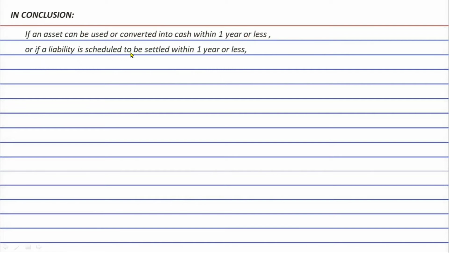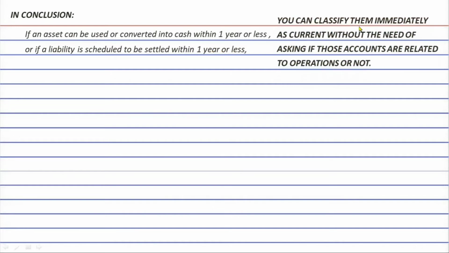In conclusion, if an asset can be used or converted into cash within 1 year or less, or if a liability is scheduled to be settled within 1 year or less, you can classify them immediately as current without the need of asking if those accounts are related to operations or not.